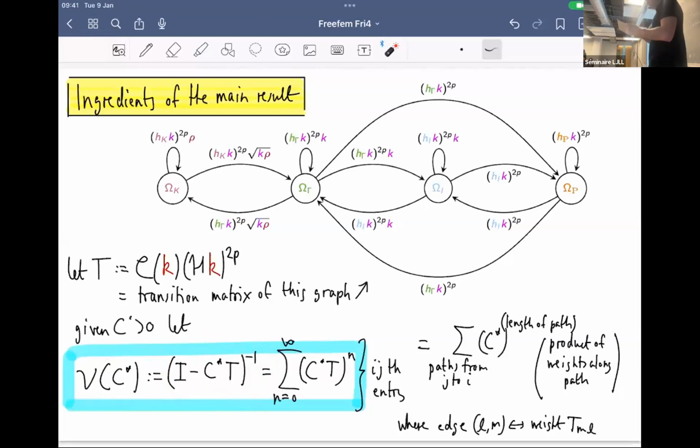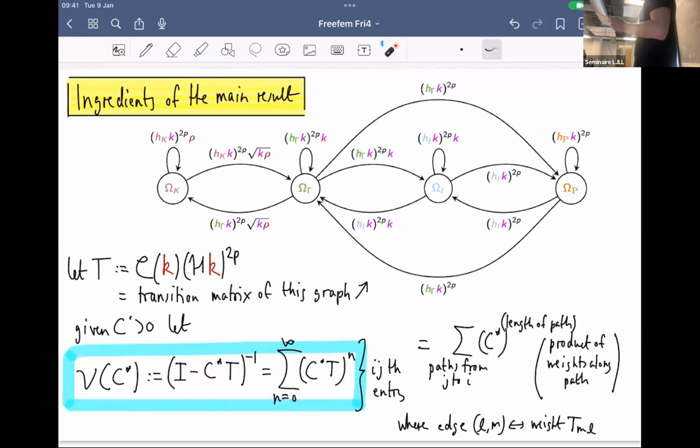Okay, and so this is given by this sum of powers of this C star T. And if you remember, if you have the adjacency matrix of a graph and take the powers of this, it counts the number of paths of certain lengths between different nodes of the graph.